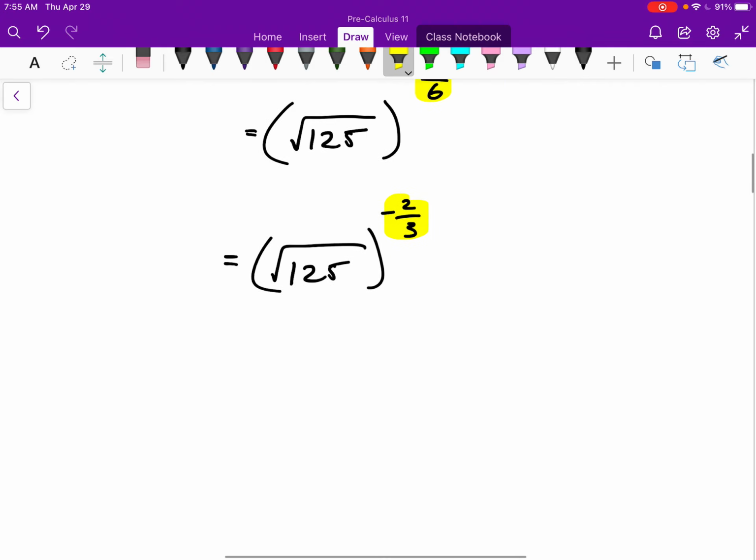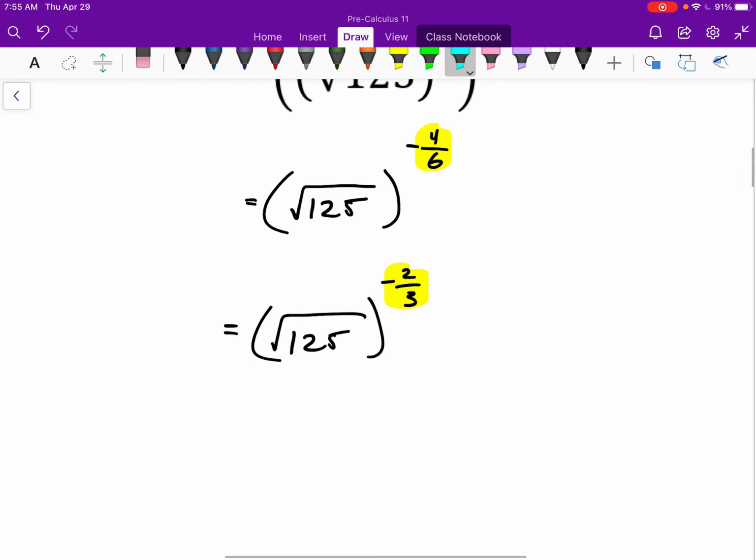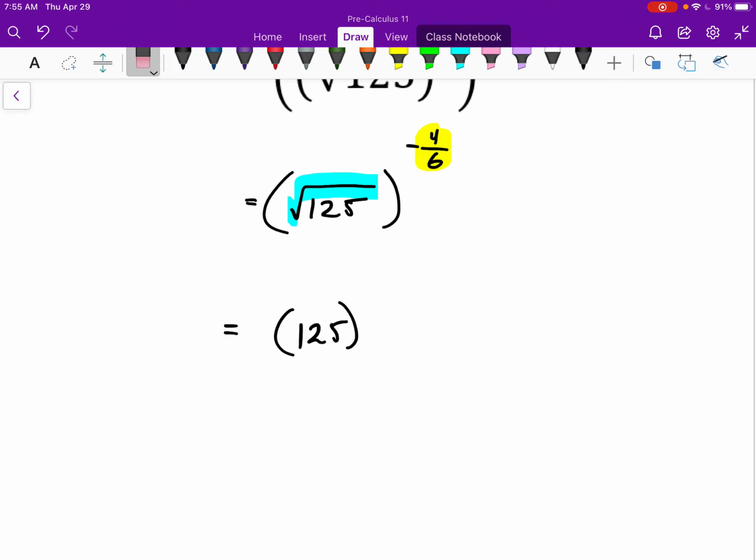Well, again, this square root I've been writing over and over again, I can write as a power of 1/2. So in fact, let me take this square root and rewrite it as a power of 1/2.